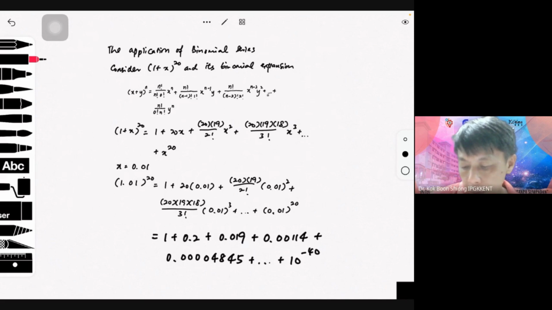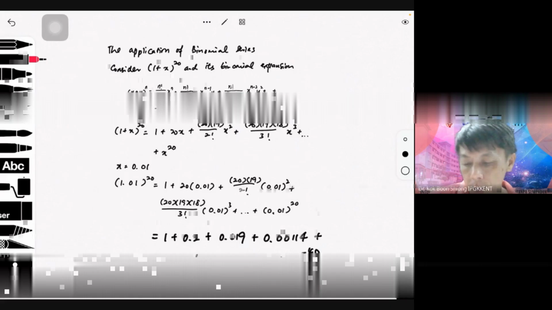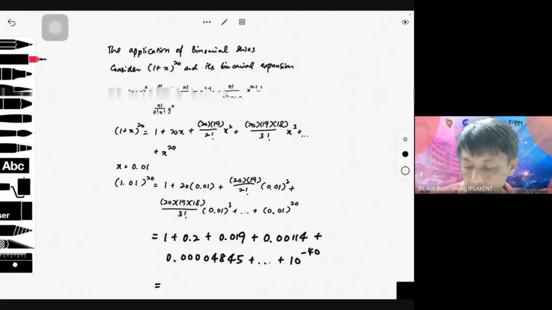Because we only need to consider 3 significant figures, or better, 3 decimal places, we can get the answer as 1.220. So this is our answer.